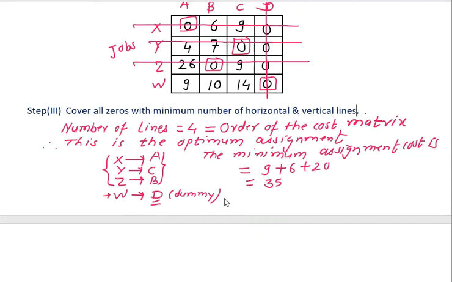And this is a dummy assignment. W is assigned to the dummy machine D. So it means do not assign W to any machine. So this is the solution of the given unbalanced assignment problem.